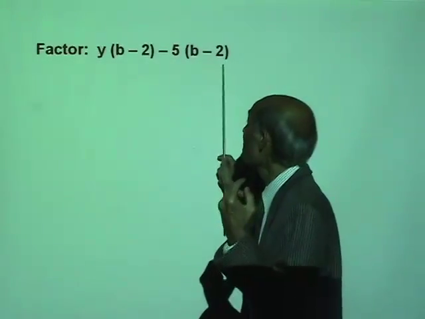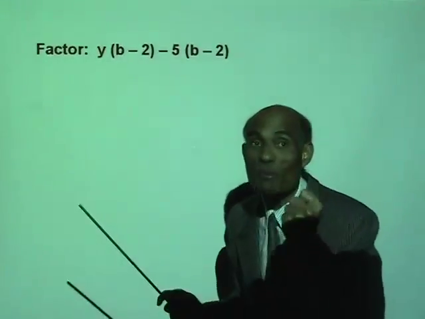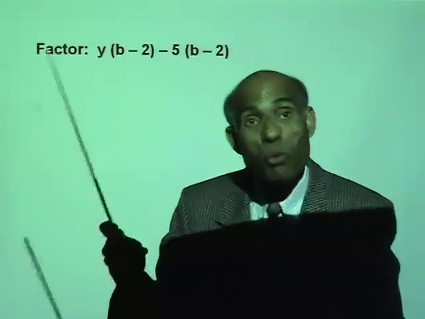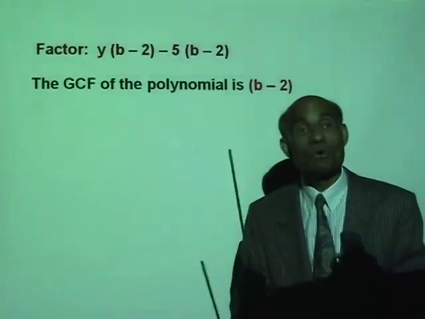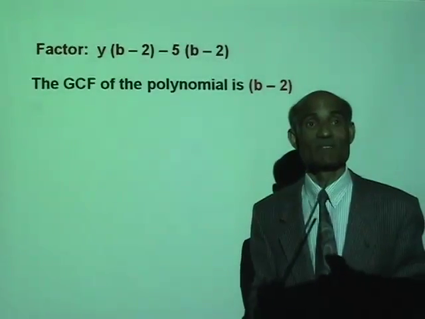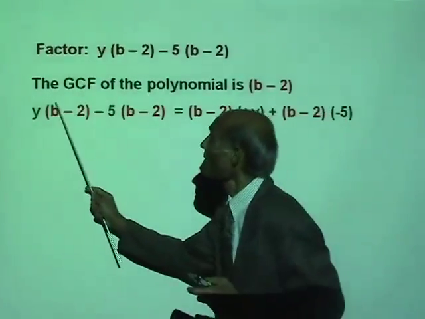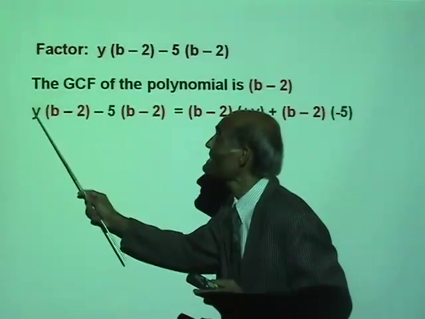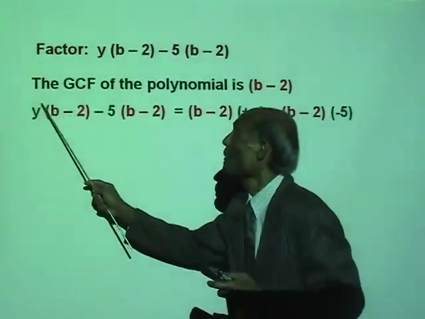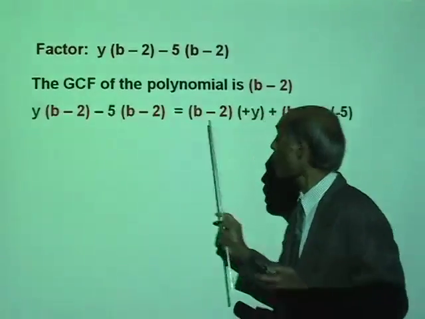And look at this. B minus 2 is a common factor. We can pull that out. The GCF is b minus 2, which can be pulled out. After b minus 2 is pulled out from y times b minus 2, what is remaining is a positive y.